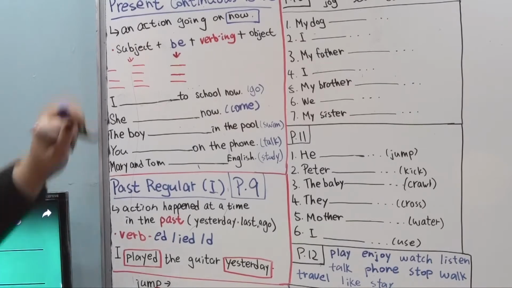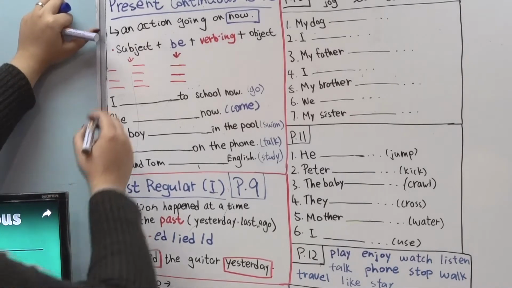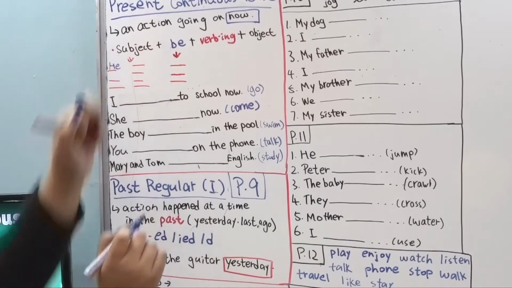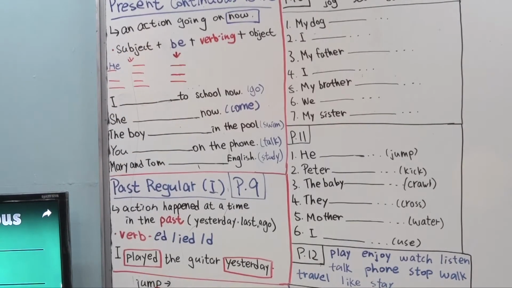So it goes with he, of course, right? I've told you the first one. Can you tell me the rest of it? What is a subject? He, alright, 5, 4, 3, 2, 1.